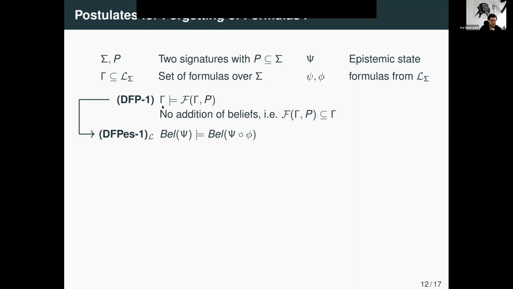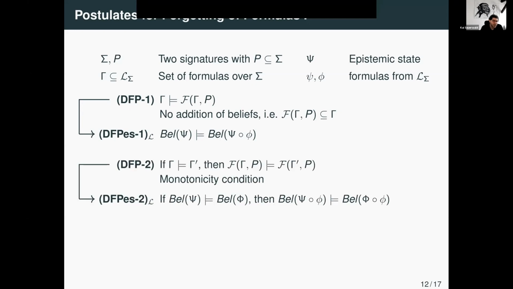The first postulate we understand in a way that says, okay, when you do kind of forgetting, then you do no addition of beliefs. And this is already a well-known property in belief change. We have the inclusion postulate when you look at belief contraction, and this is exactly this one here.